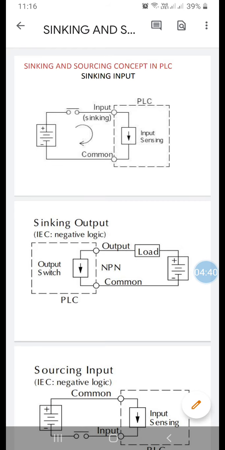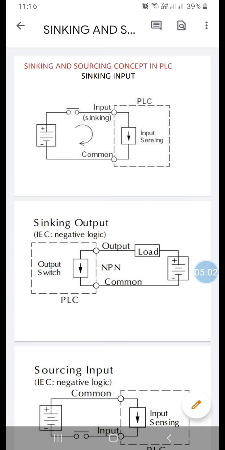By adding the switch between the supply positive and the input, the circuit is completed and the current will flow in the direction of the arrow when the switch is closed.